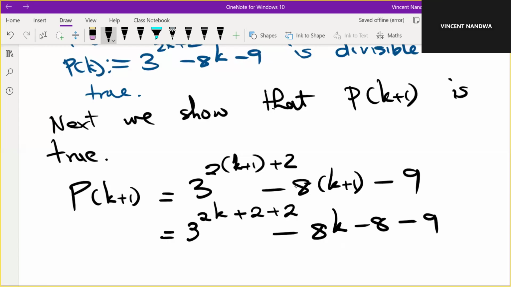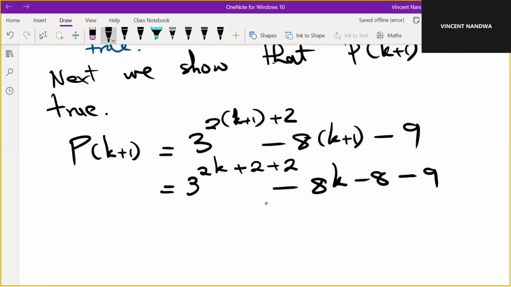Yeah. So which can be written as, I hope you remember laws of indices, that if I have a power m times a power n, it is the same as a power m plus n. So if we have the same bases, we can always add the powers.